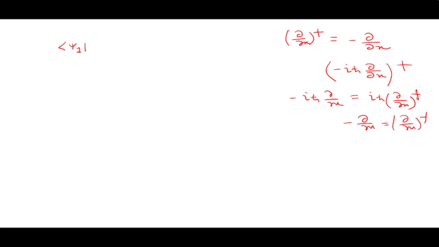Usually, the formal procedure I am writing here. You can see my screen, right? Dagger is basically phi 2 A cap, right? Now we can write, if it is Hermitian, then phi 2 A cap dagger phi 1.